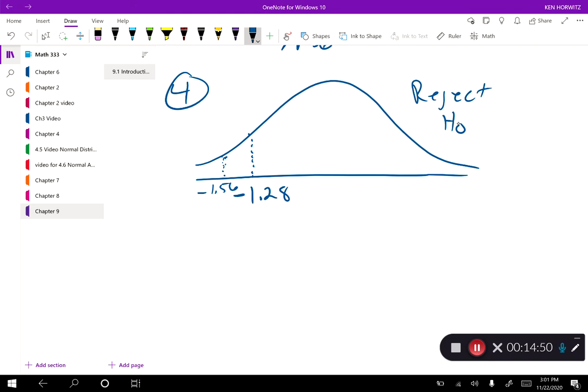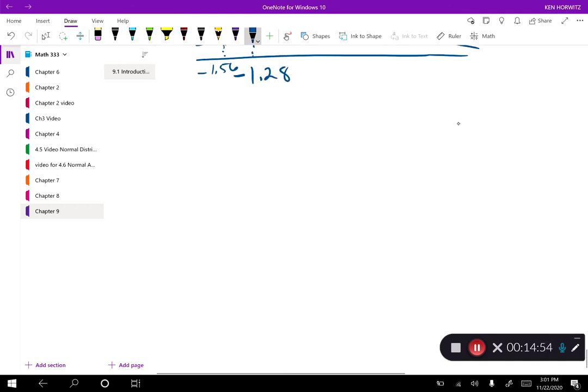And if we reject the null, that means we have enough evidence to support our claim. And that's what I'm going to say in my summary.